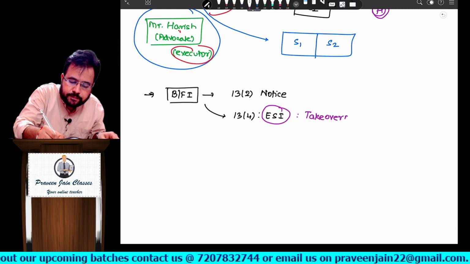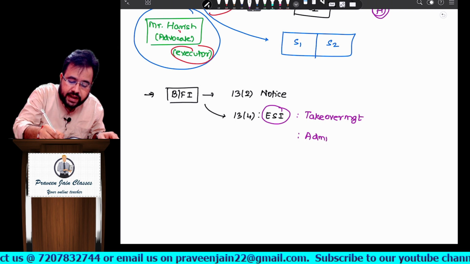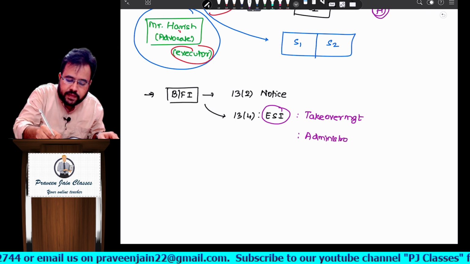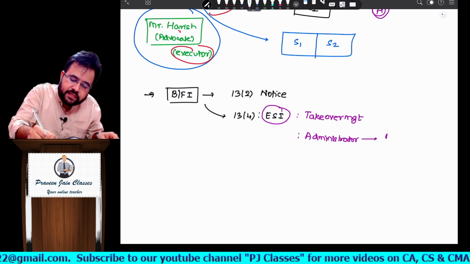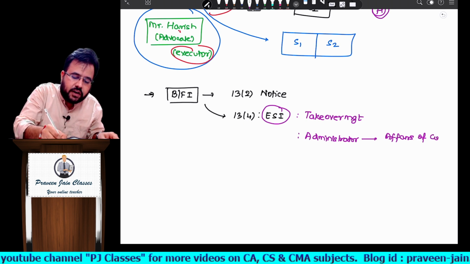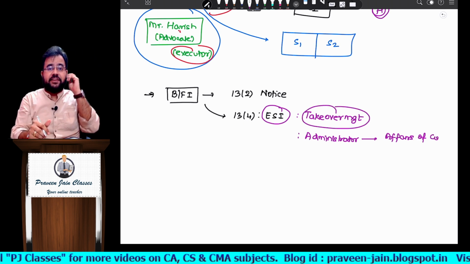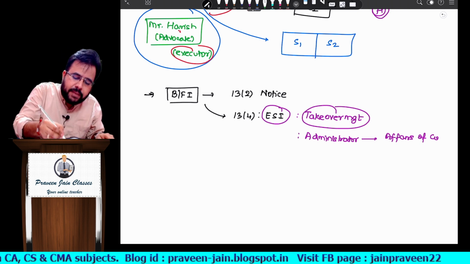If you remember, sir, another right they had was they can appoint an administrator. They can appoint an administrator to look after the affairs of the company. Sir, now I also told you, sir, takeover of management means what, sir? This will be a big headache for the bank, sir. So mostly, maybe they may appoint.